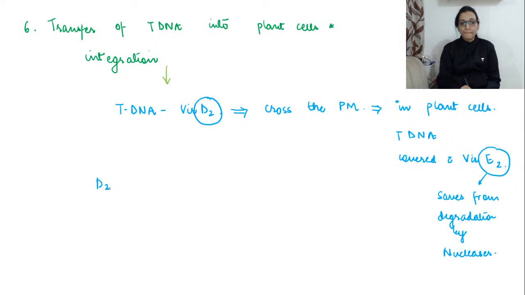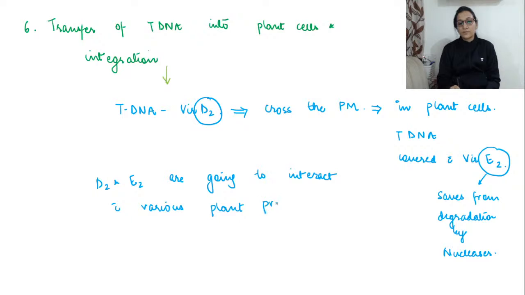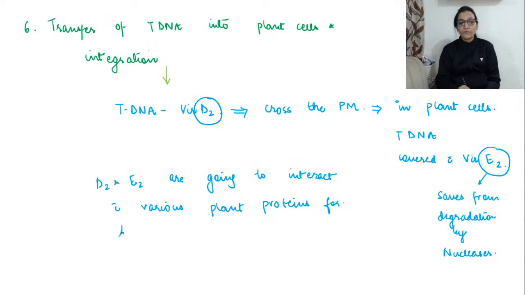So D2 and E2 are going to interact with various plant proteins for transport and integration of tDNA. This is the function of D2 and E2.